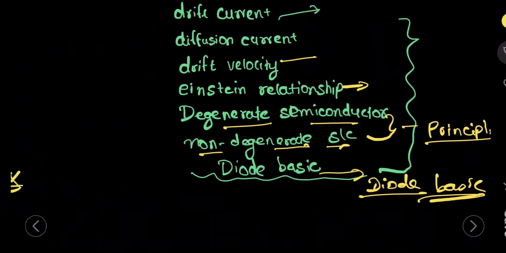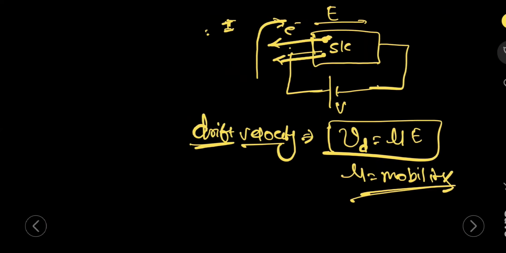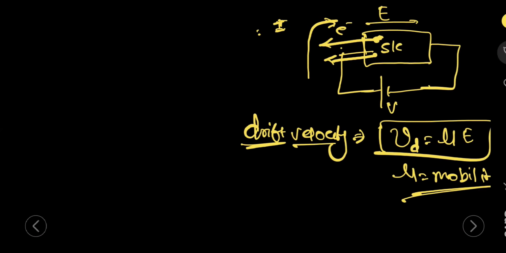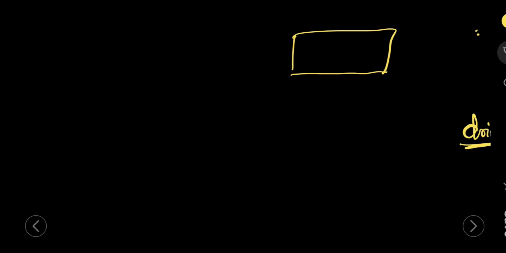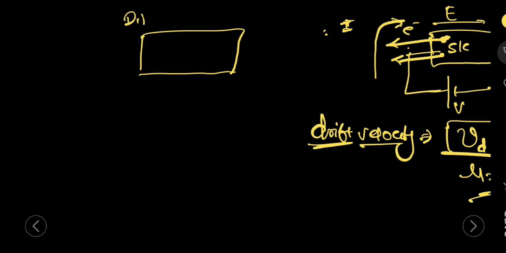And when we talk about diffusion current, we are talking about diffusion in any semiconductor material. When diffusion occurs, it means a concentration gradient will occur.